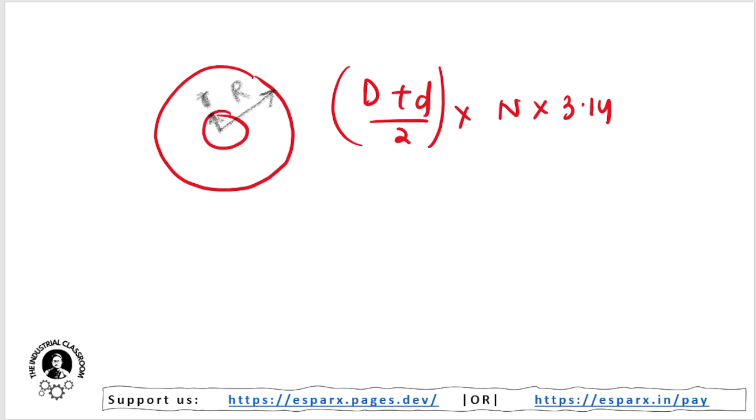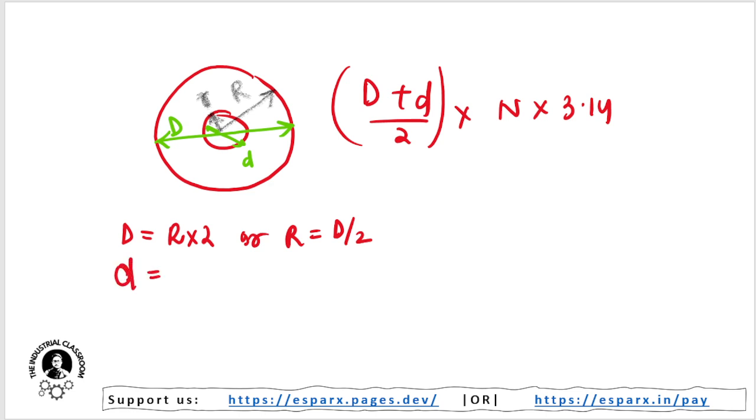So if I have a very big roll and I am only able to take the radius, remember this is capital D and this is small d. We know that D is equal to R into 2, larger radius into 2, or we can say R is equal to D by 2, and d is equal to r into 2, or r is equal to d by 2.